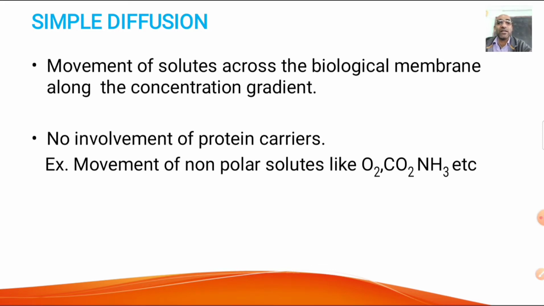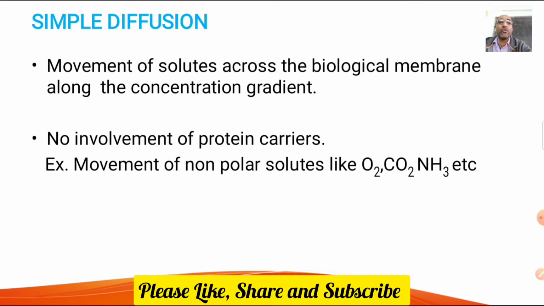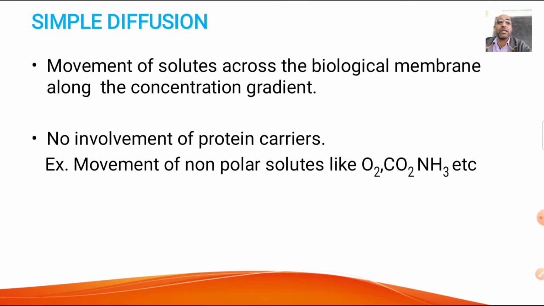What are the molecules that move through simple diffusion? They include non-polar solutes like oxygen, carbon dioxide, CO2, NH3, etc. These move from higher to lower concentration and do not require any protein carriers.